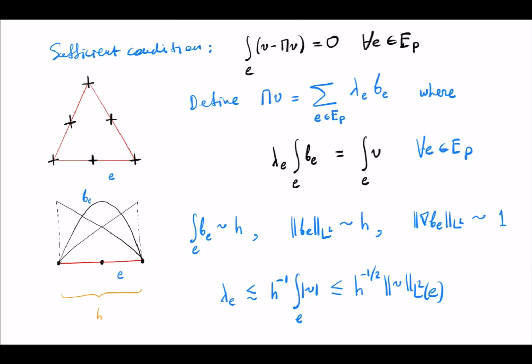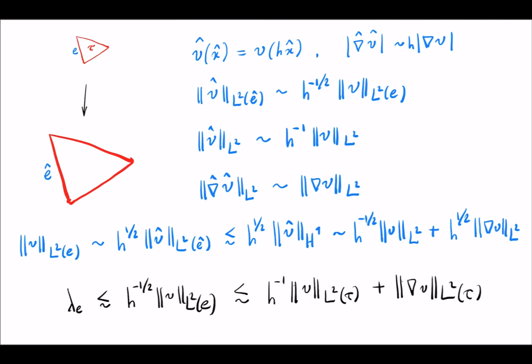That means that we need to use the trace inequality, and also we need to take into account how the constants in the trace inequality depend on the size of this edge E. So this would be our triangle tau, and you scale it to some reference triangle of size 1. We define this function, so let's say v is some arbitrary function, on the reference element.